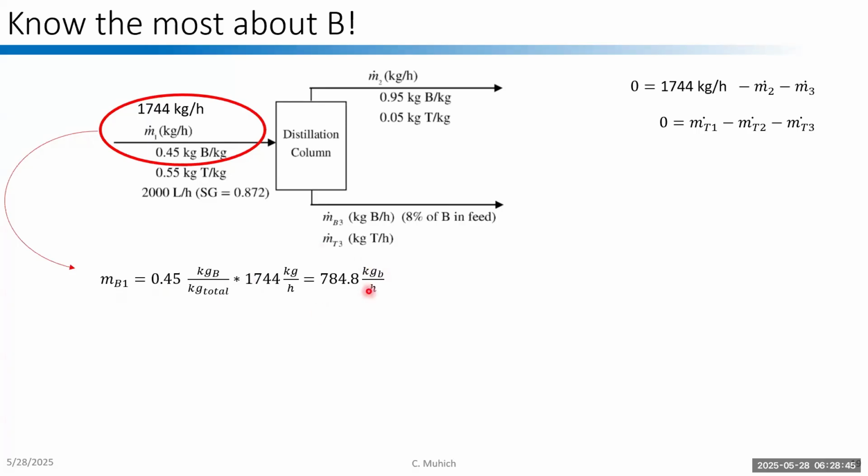This leaves me with 784.8 kilograms of that benzene per hour entering. Okay, great. I now know more information.